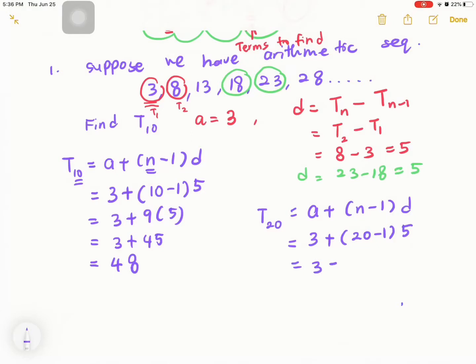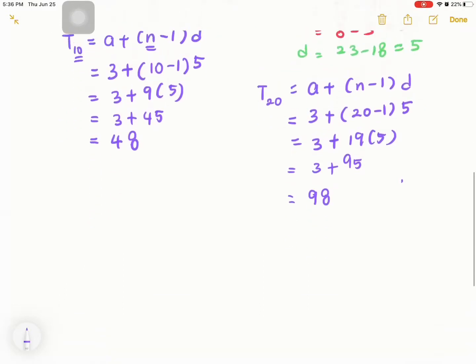So this equals 3 plus 19 times 5. Let's multiply 19 times 5, which equals 95, plus 3, then you will get 98. So that's how you find the number for each term.